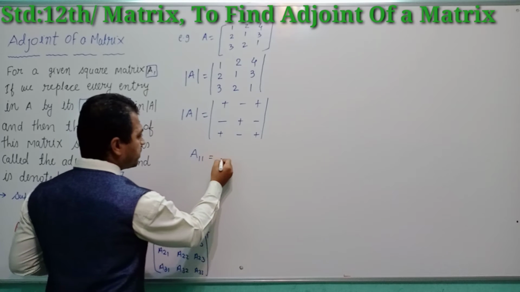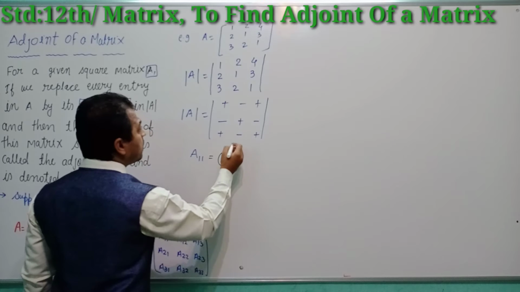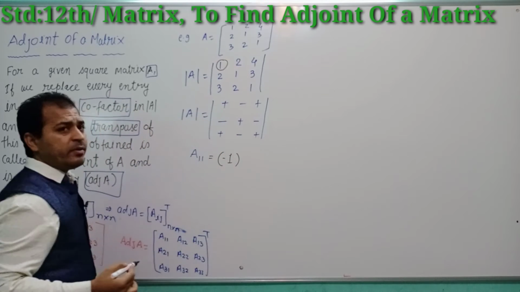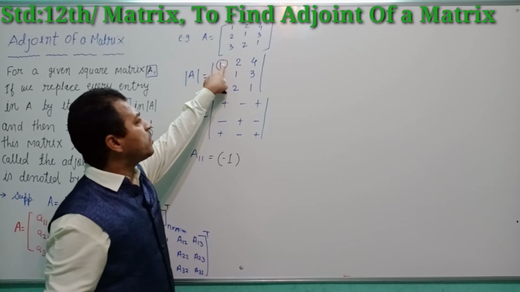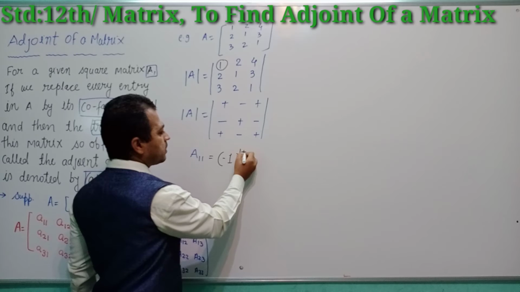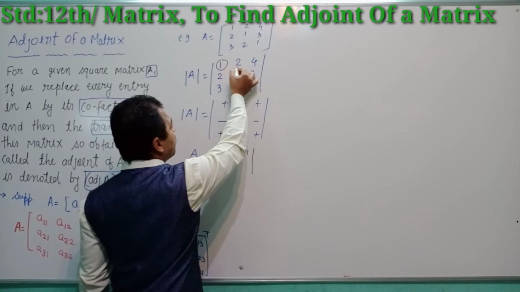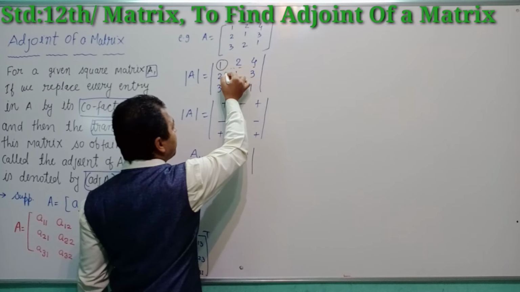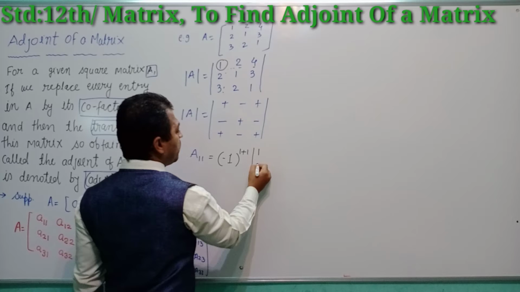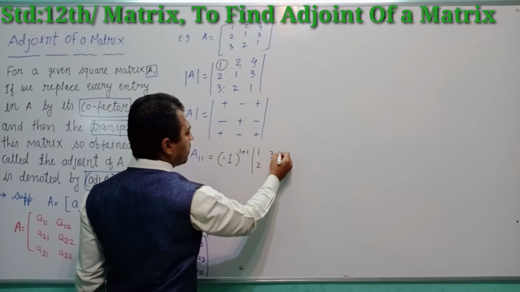First of all, students, you will have to take the sign. For A11, this is the first row and first column, so minus 1 to the power 1 plus 1. If you remove the first row and first column, finally you are getting the determinant 1 2 / 3 1.